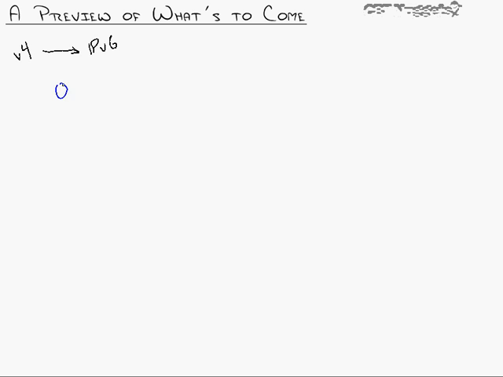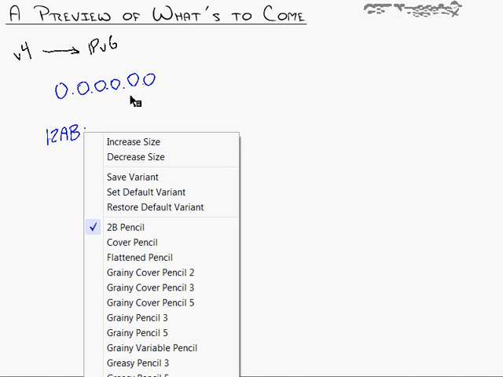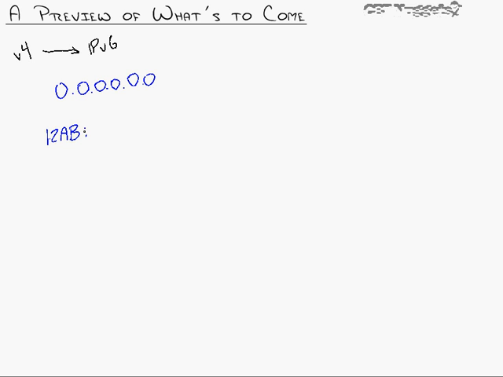A lot of people think it's just something like this, 000, that's our version 4, and they think, oh, well, version 6 must have 2 more. No, actually, here is a version 6 address. 1, 2, A, B. It moves to hexadecimal, so we now have A through F as valid characters. It uses colons instead of periods now to separate them.